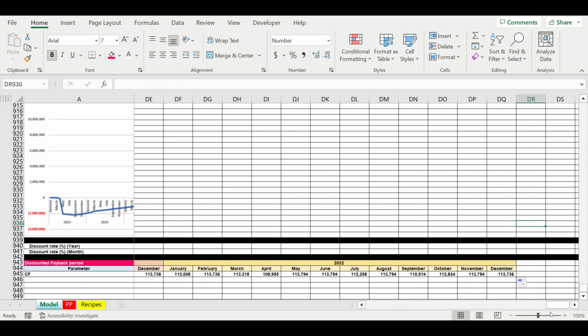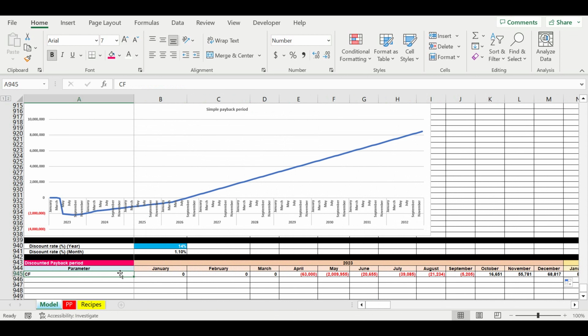Now we need to count the months of operating of the project. Counting months.